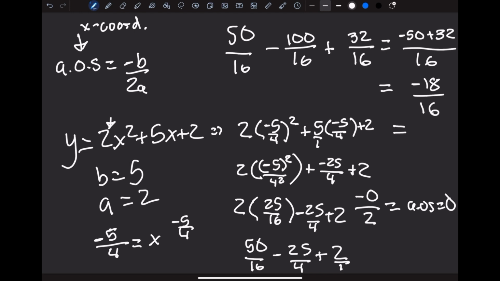You can simplify by dividing by 2 to get negative 9 over 8. And that is your y.